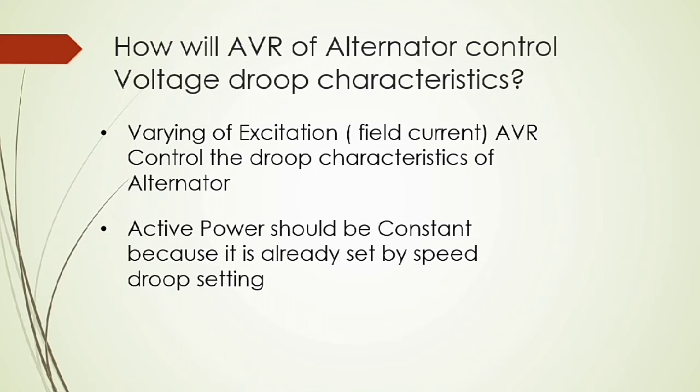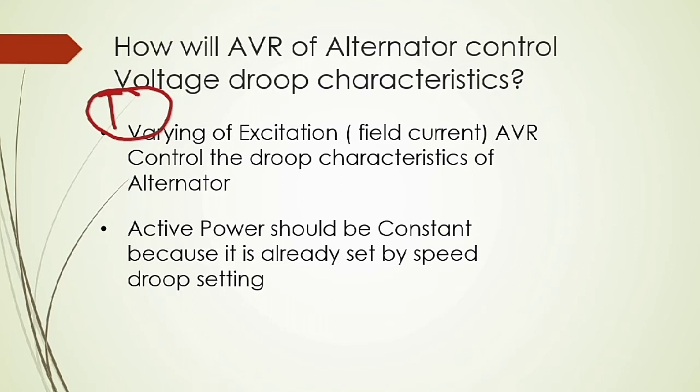We know control of voltage droop characteristics means, number one, control of terminal voltage, and second, control of reactive power sharing. If we want to control the voltage droop characteristics, that is done by the AVR.